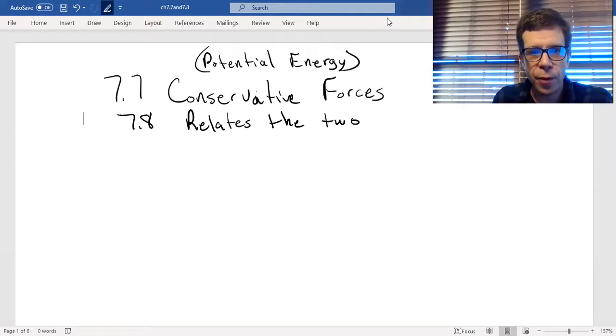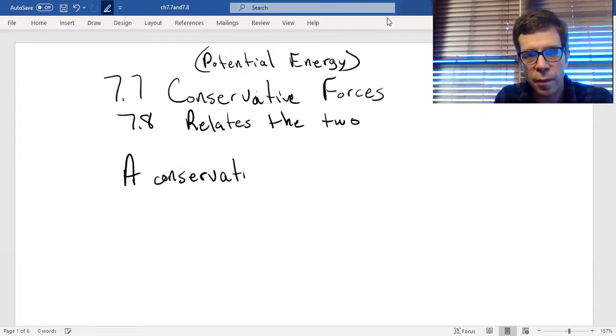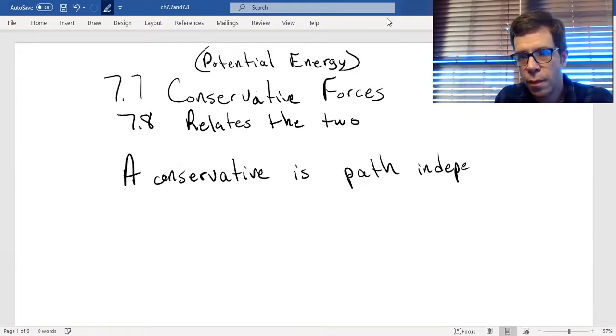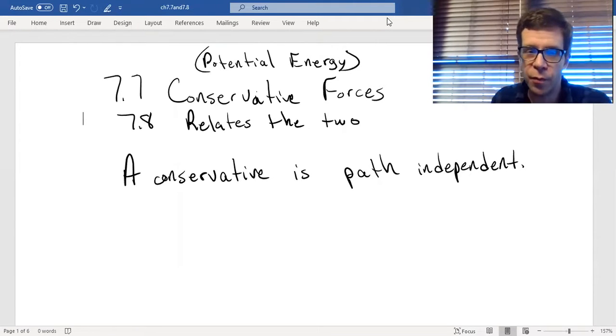So a conservative force is one that is path independent. And what that means, maybe I phrased that poorly. Maybe I should say the work done by a conservative force is path independent.